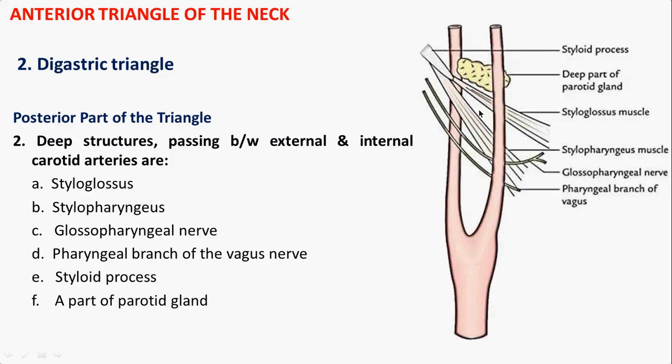These structures are present in between the external and the internal carotid artery. This is the common carotid artery, this is the external carotid artery, and this is the internal carotid artery. Sometimes an MCQ or one mark question can be asked: what are the structures passing between the external and internal carotid artery? Then you have to write down all these structures.